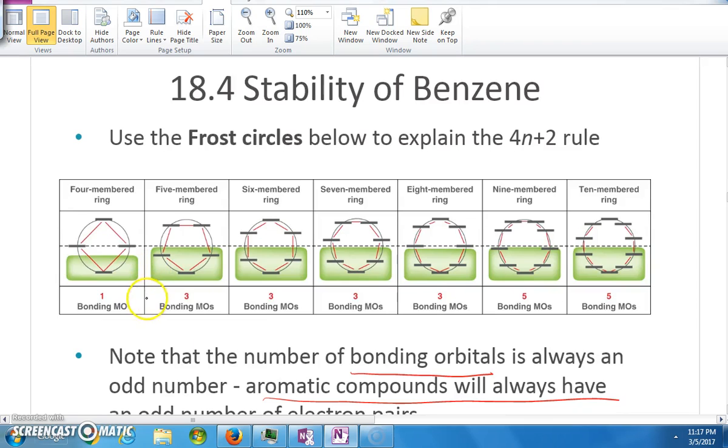You can see that for cyclobutadiene, the one for cyclopentadiene, the one for benzene, the one for cycloheptatriene, the one for cyclooctatetraene, you can also see the one for cyclononatetraene, and then you can also see the one for the 10-membered ring and all that stuff.